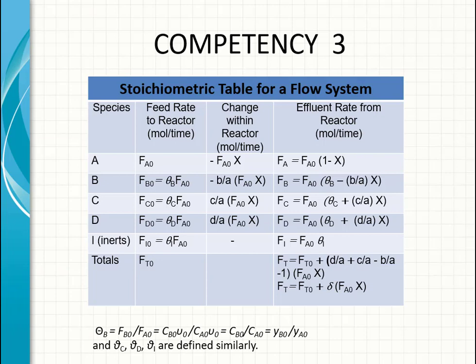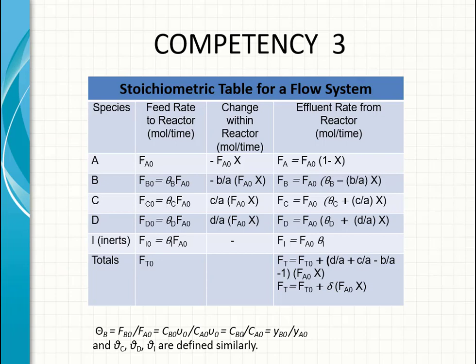In the third column, we will have the change within the reactor in moles per unit of time. For A, we will have minus FA0 times X, which was what reacted.